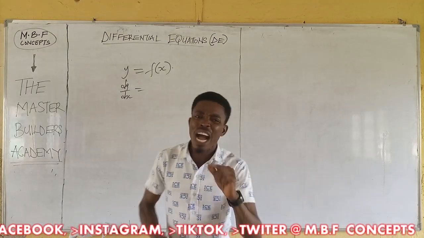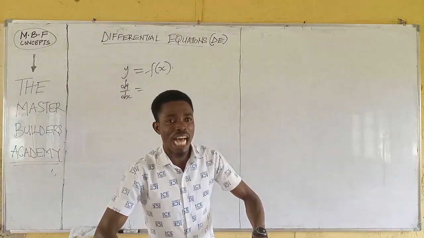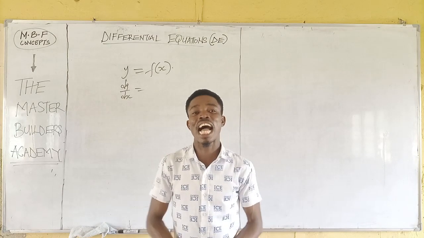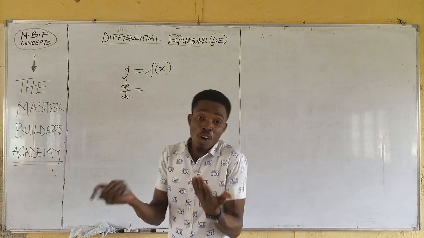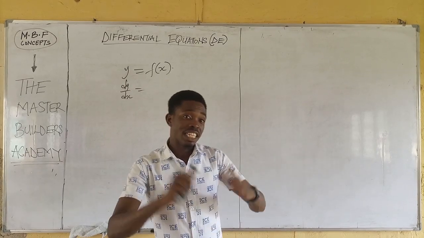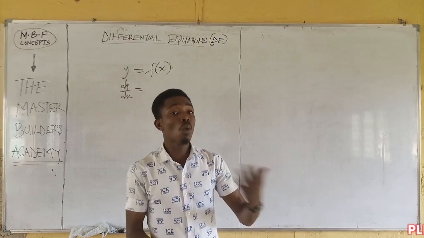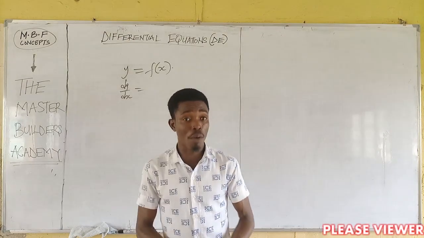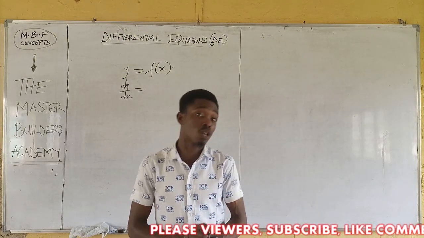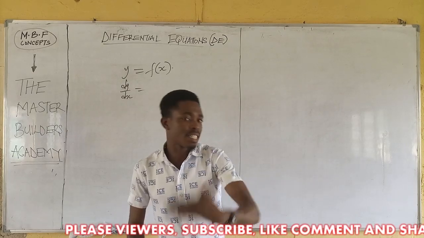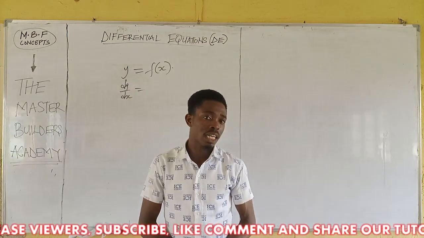Now, we also have what we call orders of differential equation. In some courses or departments, they call it order of differential equation. Guys, there is no way you will be able to solve problems on differential equations if you do not know the orders of differential equation. Now, what is the order of a differential equation?